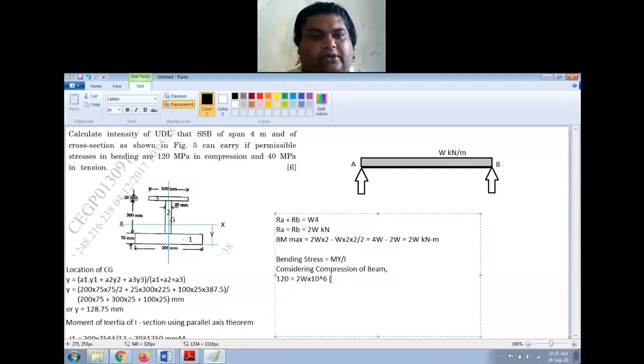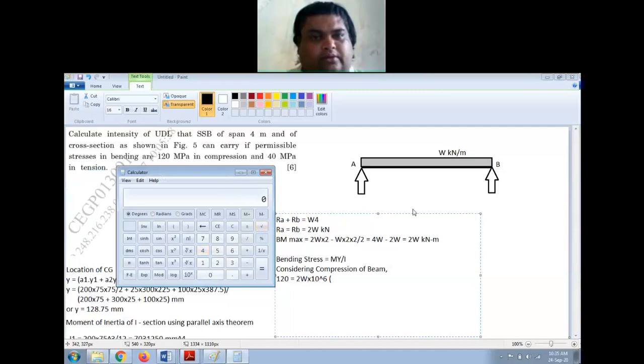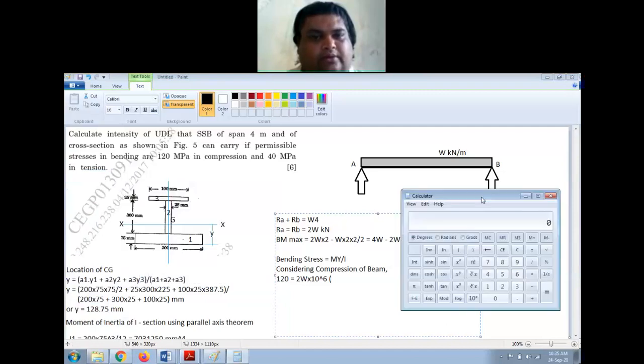Y is from this point XX to the topmost surface, right? So how do you calculate that? Let us calculate the total height, that is 75 plus 25 plus 300, that is 400. 400 minus y will be this length, right?